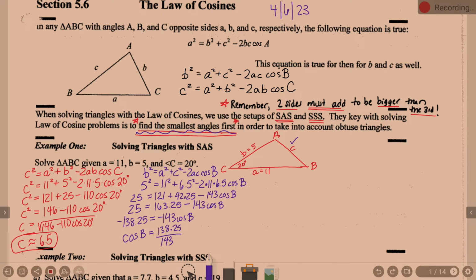If it's cosine b and I want to know what b is, b is going to be the cosine inverse of 138.25 over 143. And if you already got the decimal, use that big full decimal in your problem. What are we getting as an answer? It's 14.8.